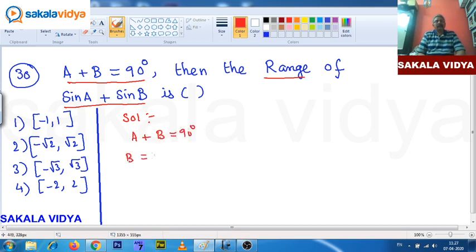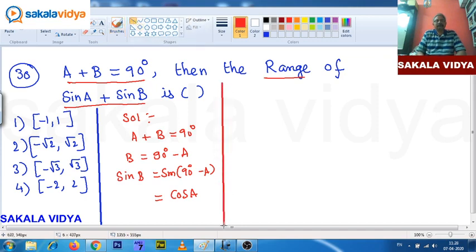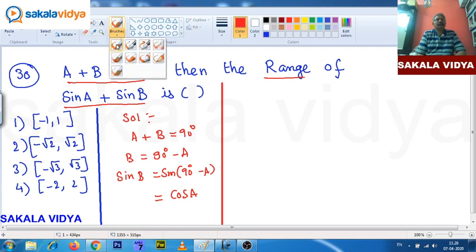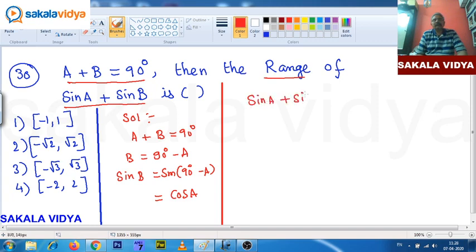Now B is equal to 90 degrees minus A. Sin B equals sin of 90 degrees minus A, that is cos A. Now this function becomes sin A plus sin B equals sin A plus cos A, with sin B replaced by cos A.